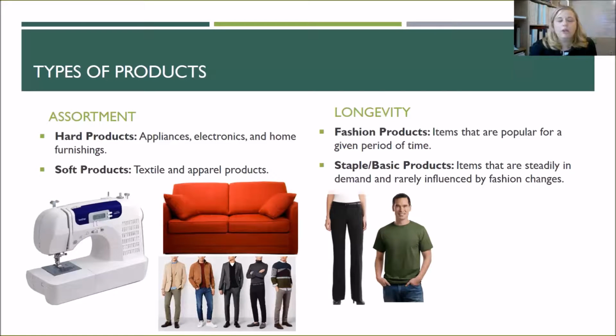So then we look at classifications in terms of assortment. So here we've got hard products and we've got soft products. In terms of hard products, when you generally talk about retail merchandise, hard products mean appliances and electronics and home furnishings. So if we were to translate what a hard product is to apparel and textiles, a sewing machine would be an applicable example.